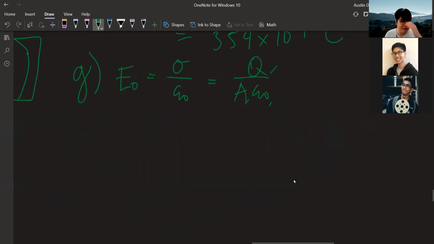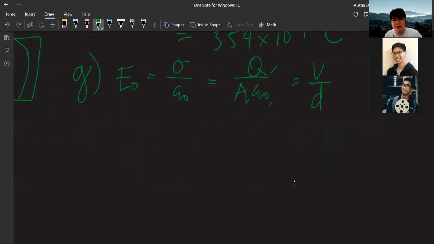Also, I could use the potential difference between the plates. I could use V over D. I can also use this.